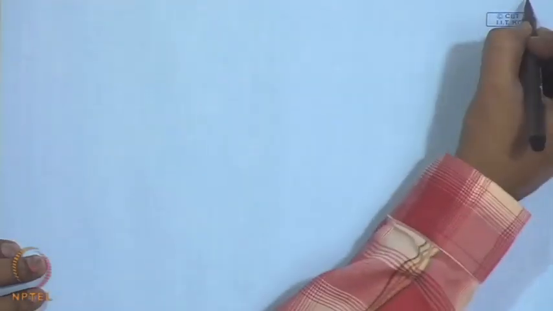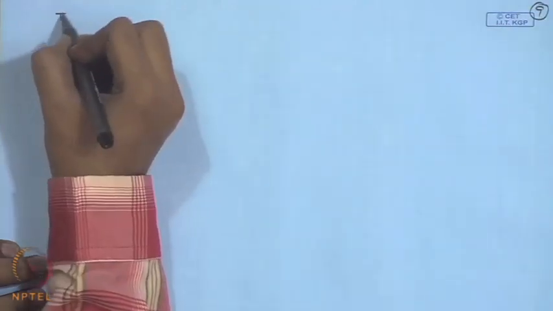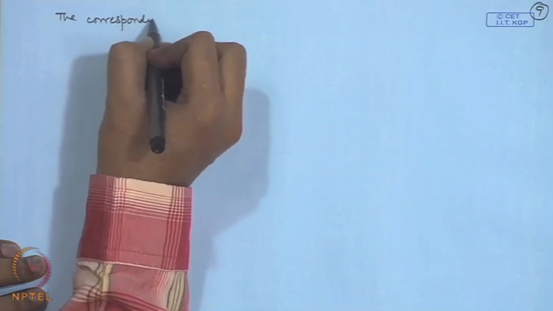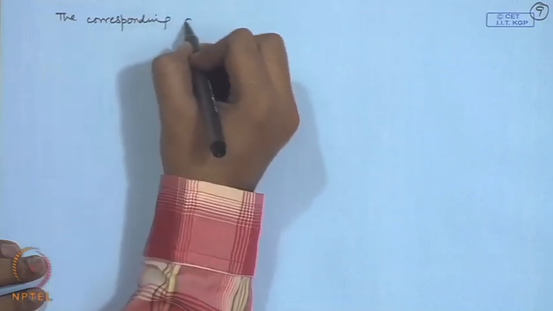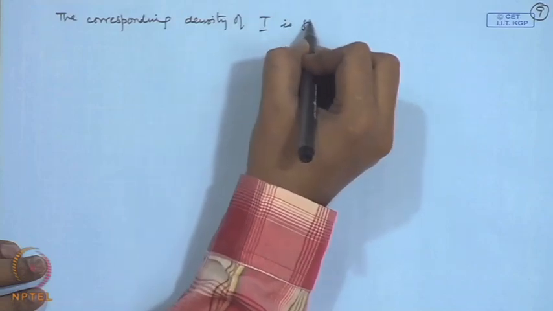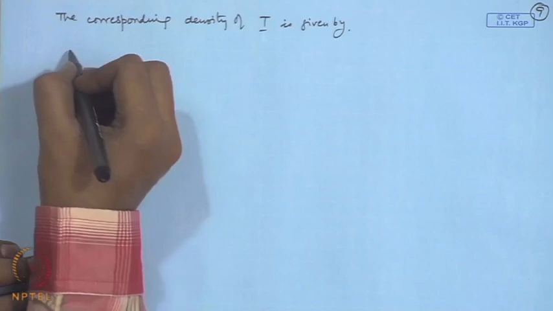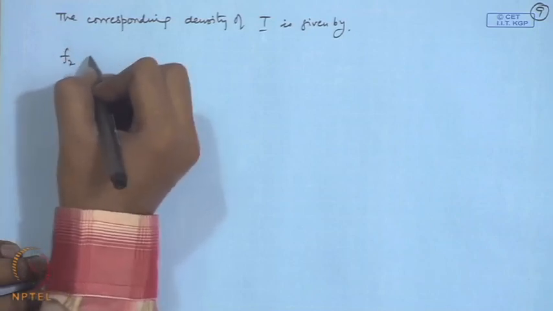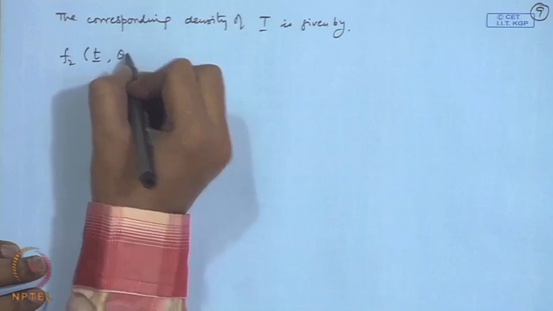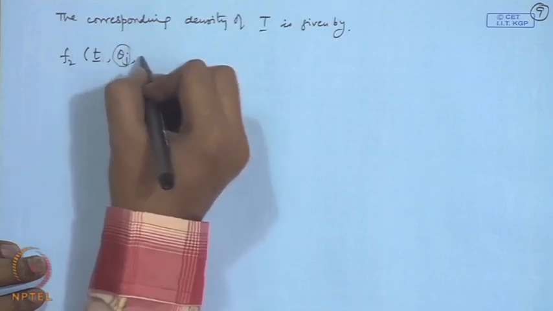The corresponding density of T is given by, so we can use some notation, say f_2, for the distribution of T, and of course theta_j will be coming, it is fixed here.